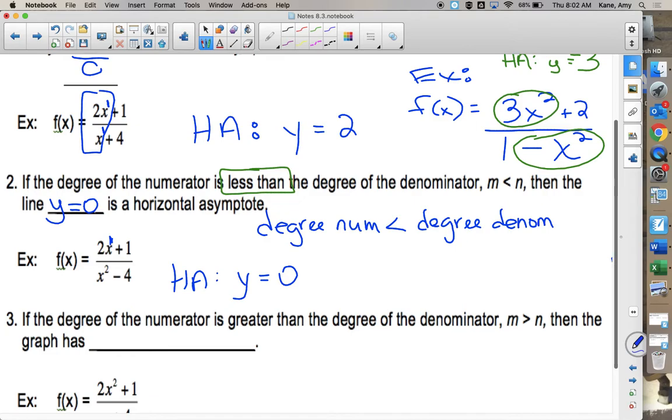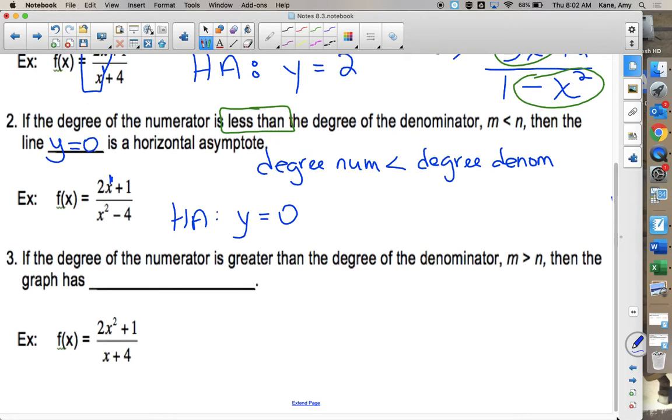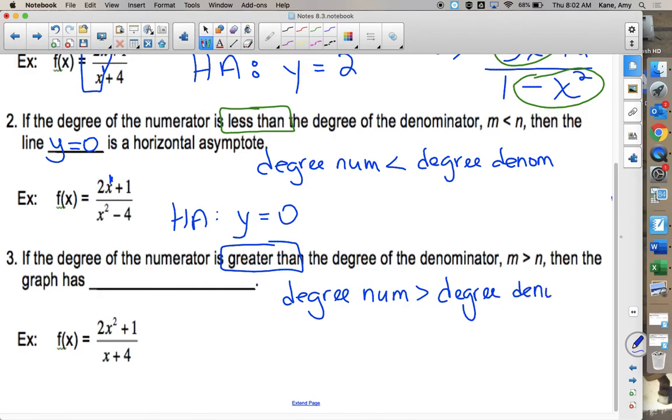The last condition, and there are only 3, says if the degree of the numerator is greater than the degree of the denominator. So now we're flipping what we just said above. And the graph has no horizontal asymptote.